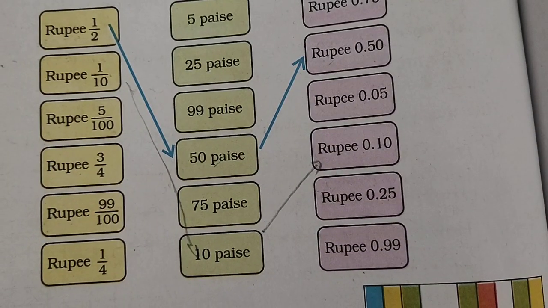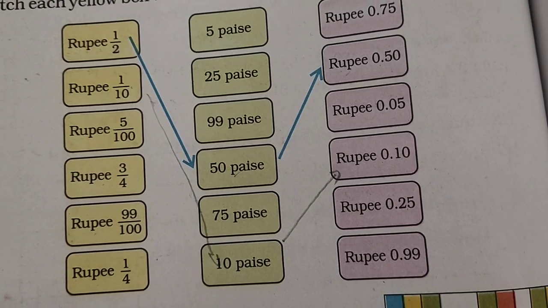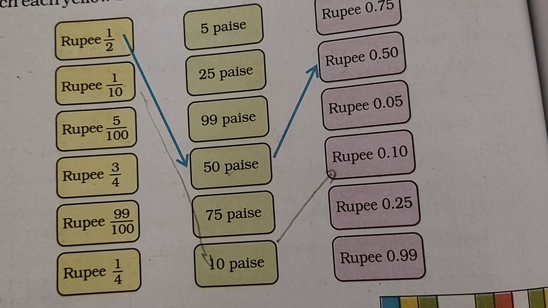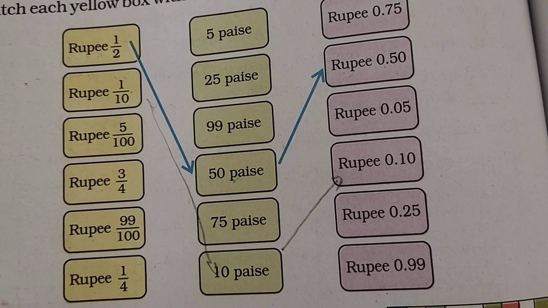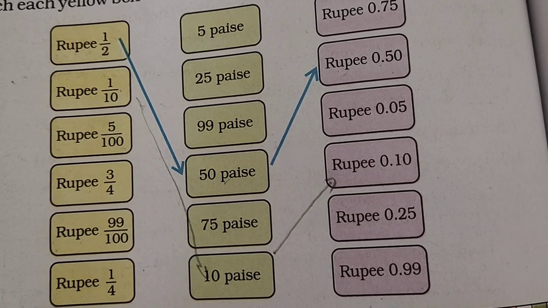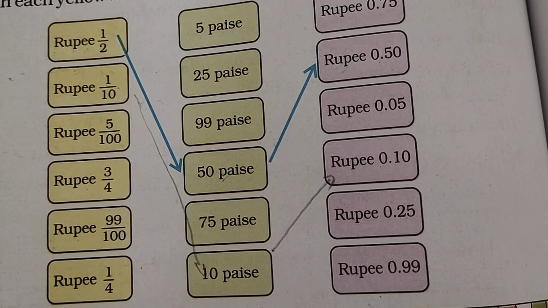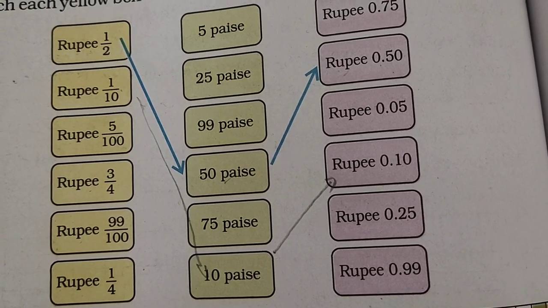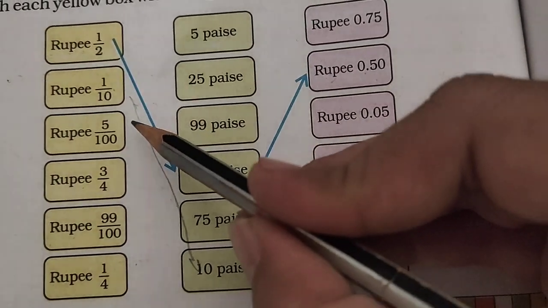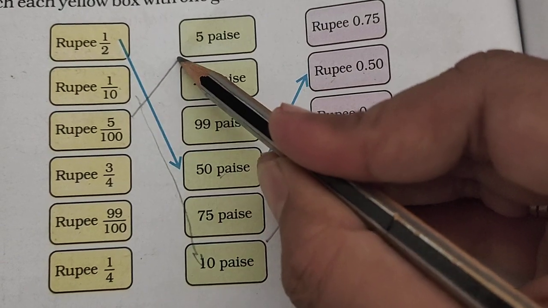Now 5 upon 100. So what will 5 upon 100 be? If we divide 5 upon 100, the 5 parts of 100. 1 rupee has 100 paisa. So the 5 parts of paisa is 5 paisa. So 5 by 100 we will get 5 paisa.